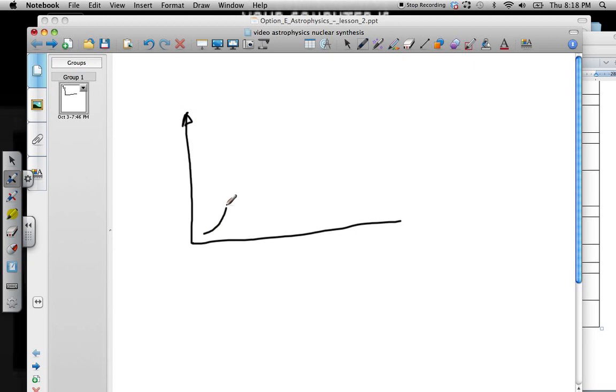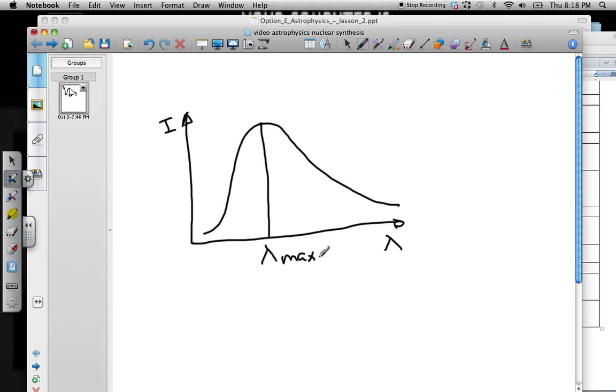it looks something like this, where this over here is the intensity of the light, and this over here is the wavelength. And they found that the wavelength that corresponds to where most of the energy is being emitted, we call it lambda max.